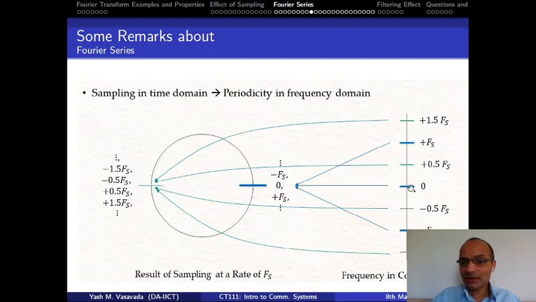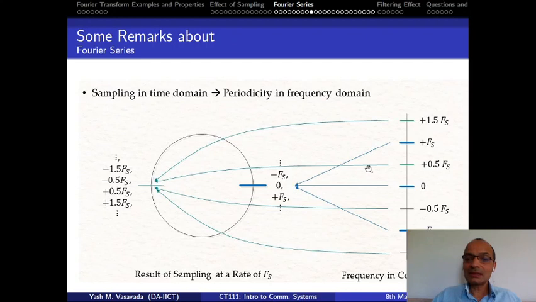Either you can call it 0 to fs, or you can call it minus 0.5 fs to 0.5 fs, or you can define your own base period. But the width of the base period will be equal to the circumference of this circle, which is fs, 1 over Ts. And then the rest of this infinitely long frequency axis just gets rotated on this wheel.